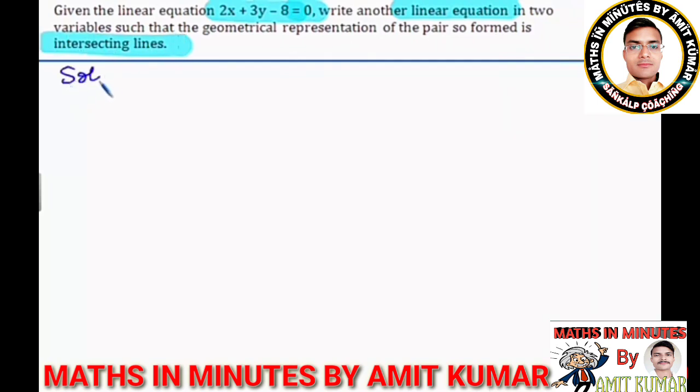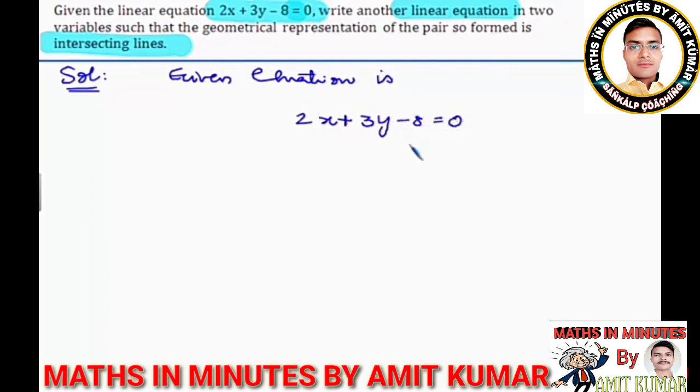Means we have to write a linear equation such that it forms a pair of intersecting lines with 2x plus 3y minus 8 is equal to 0.